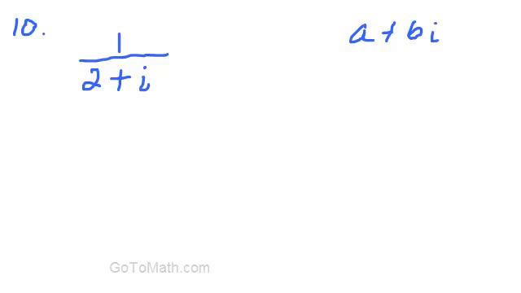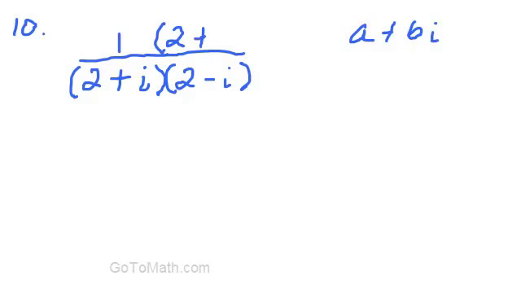In order to do that, we're going to look at the denominator and multiply the denominator by its conjugate, but what we do to the bottom, we also must do up here at the top. Okay, that's called multiplying through by the conjugate. We got to get this thing in standard form. So 1 times 2 plus i is just going to be 2 plus i.